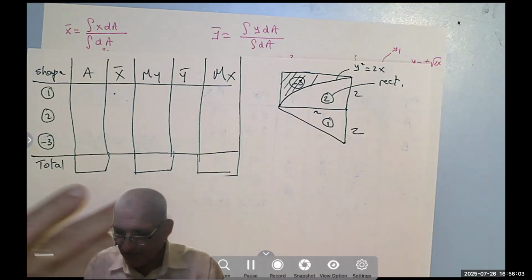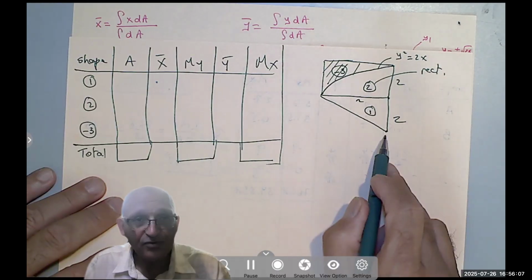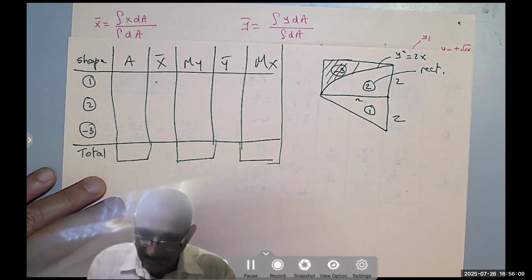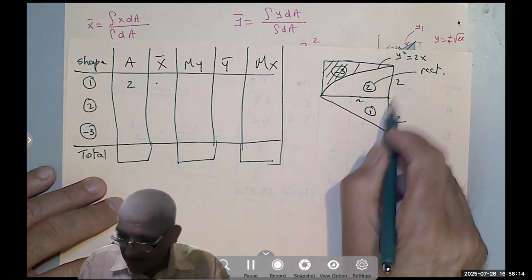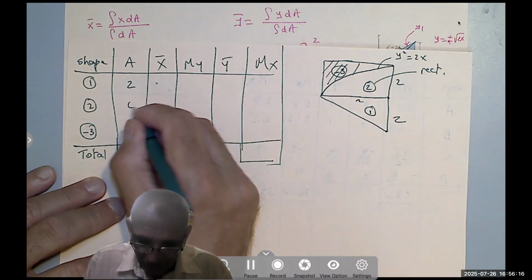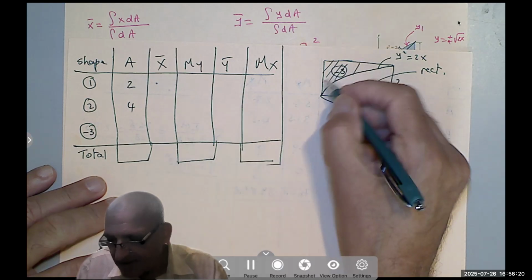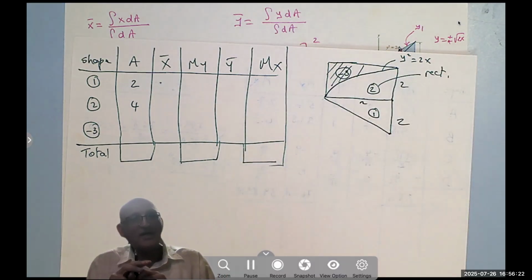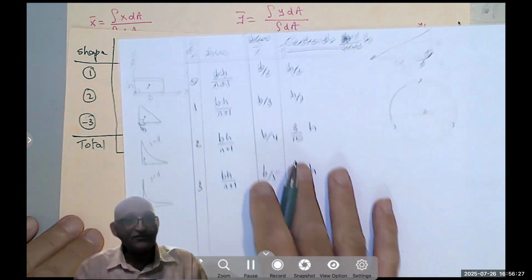Let's do the areas first. That's a triangle. A base of 2, height of 2, 2 times 2 is 4, 1/2 of that is 2. How about the rectangle? 2 times 2 is 4. Of course, twice the triangle. And do you remember the second degree parabola? I kept this from last time.